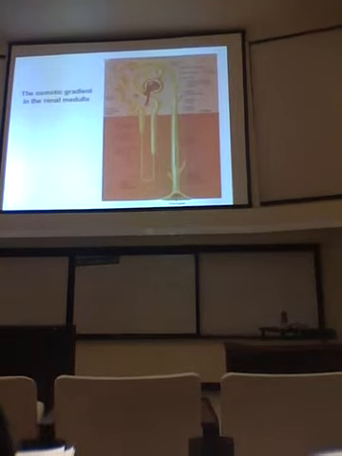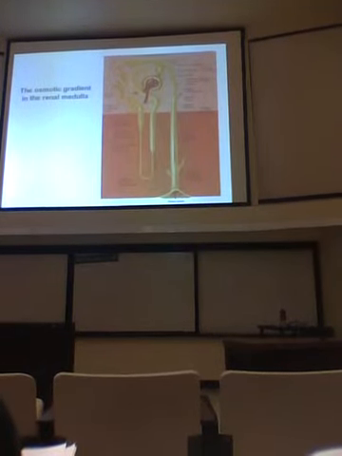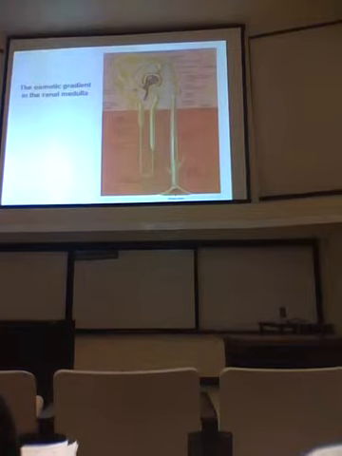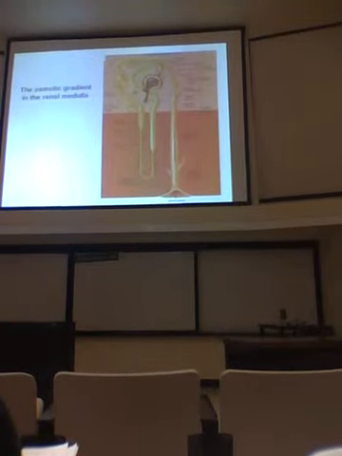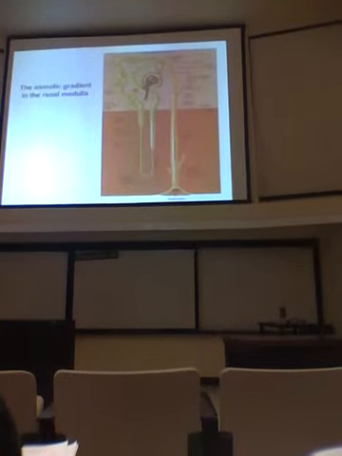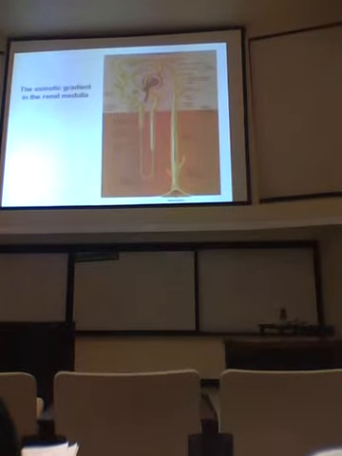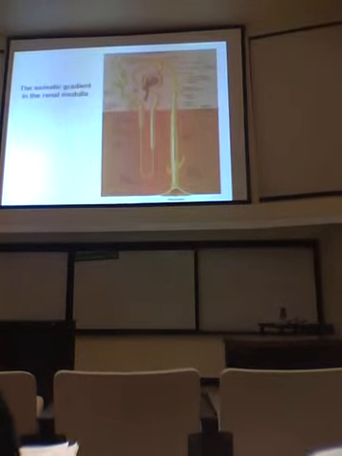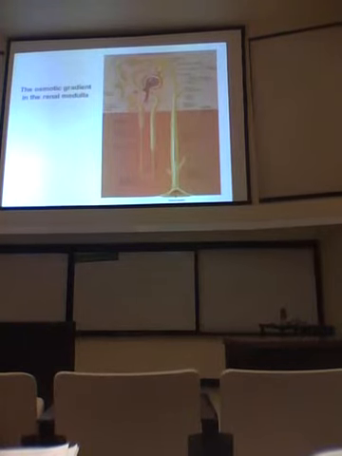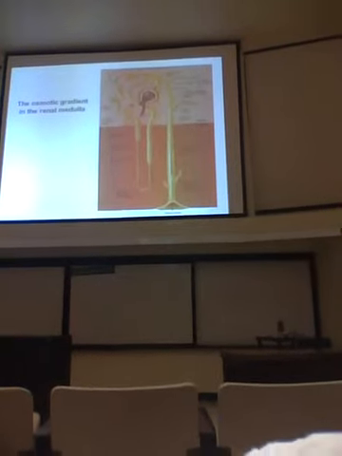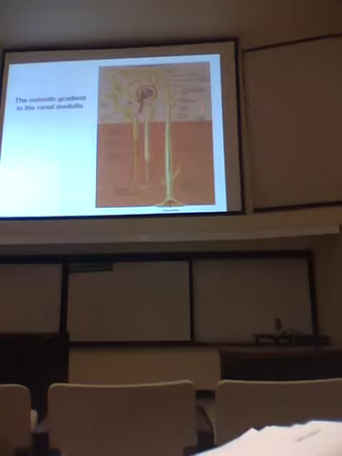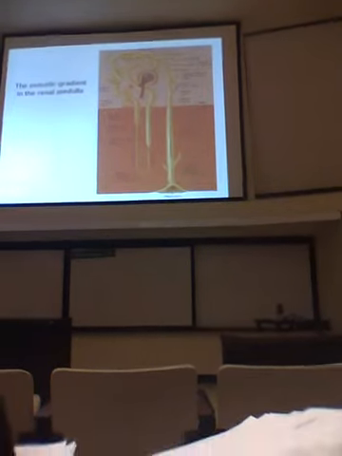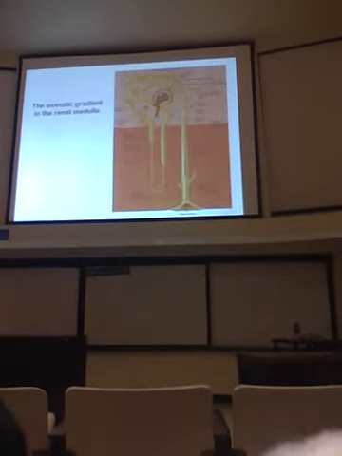And this gradient is the key to how we produce concentrated or dilute urine. So we have to understand how the gradient is set up. So I'm not going to talk about what's going on in the tubule for a minute. I'm going to talk about how the gradient is set up in the cortex and the medulla. And that is the job of what's going on in the loop of Henle.